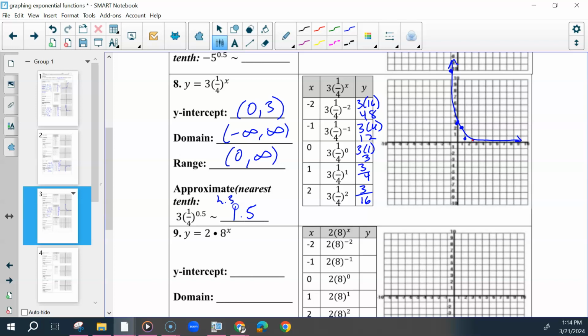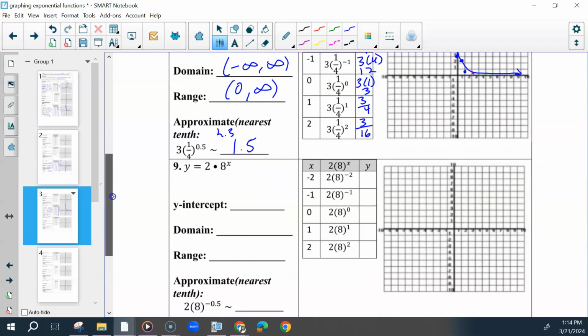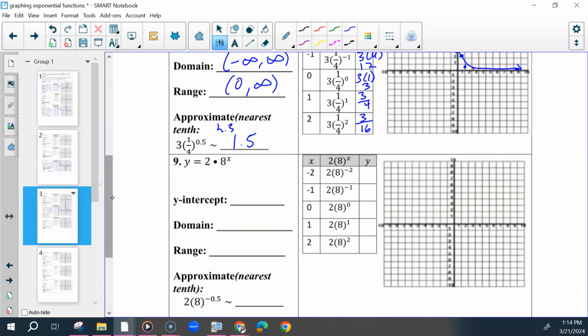All right, we're going to do 9 also, because even though we are still multiplying, we're multiplying by a whole number base. So then, opposite of what we just did, I would take 8, flip it, raise it to the second power. So that would be 2 times 1 over 64.